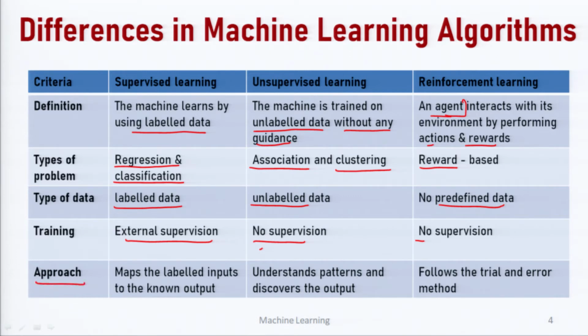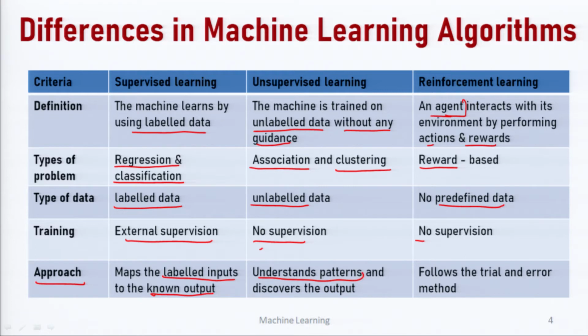So, how does the machine learning take its approach? In supervised learning, it maps the labeled inputs to the known outputs. The input is available, the output is available, and the function has to be optimized. In unsupervised learning, the approach is that it understands the patterns in the data.